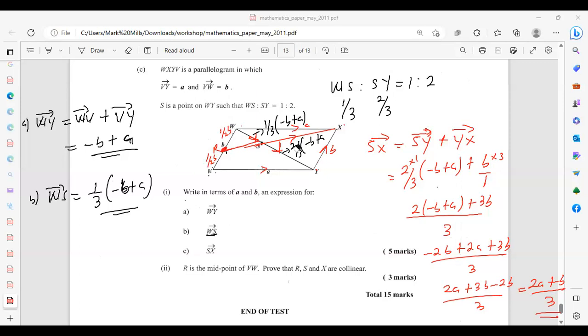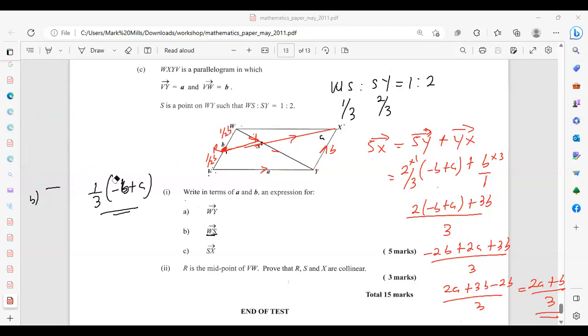All right. Then for me to prove that it is collinear, first of all, collinear means straight line.